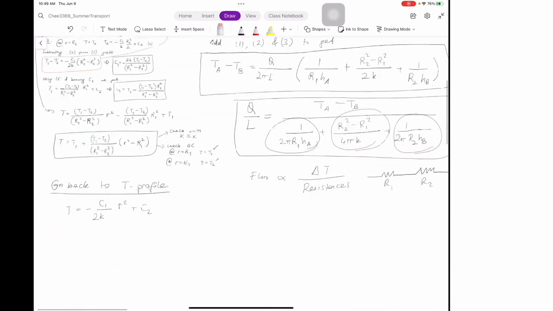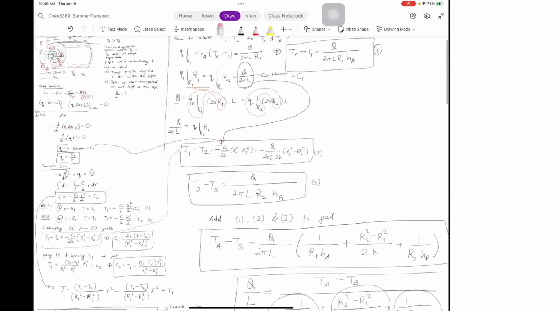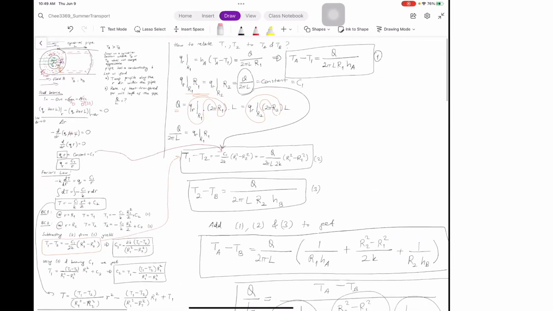Yeah, you can do that. Or you can just plug in the C1 here, right?